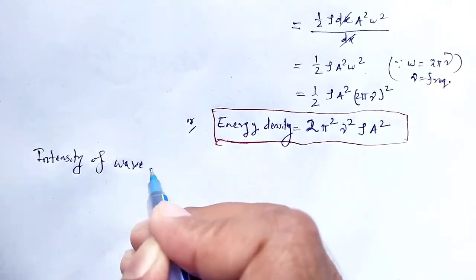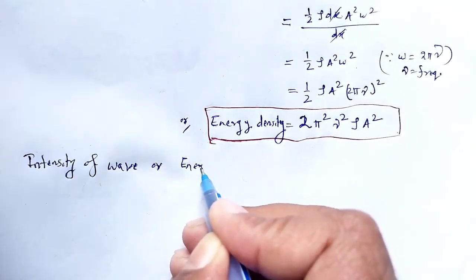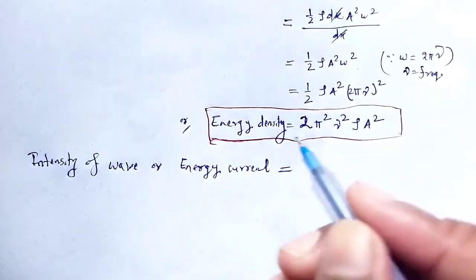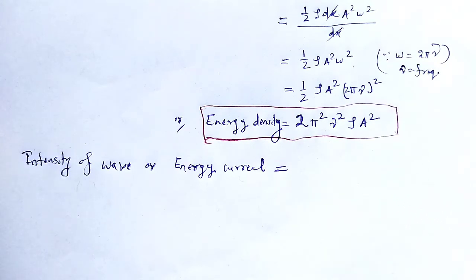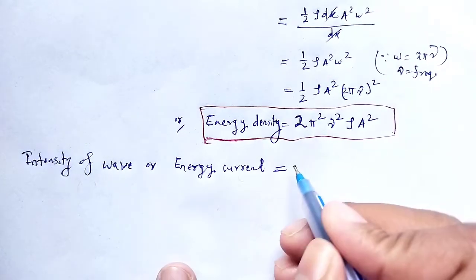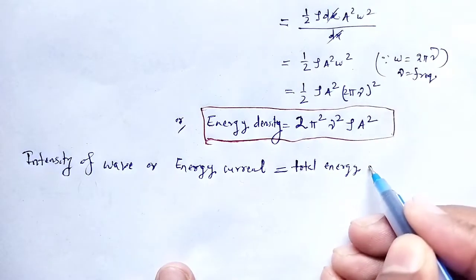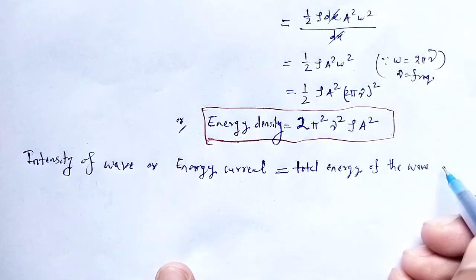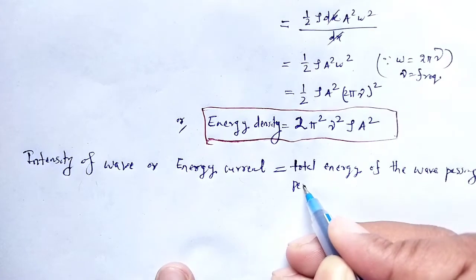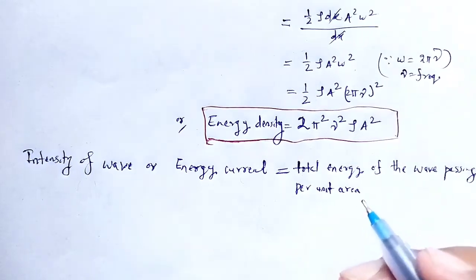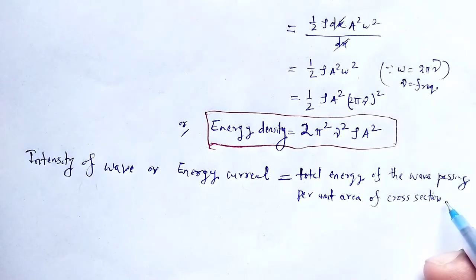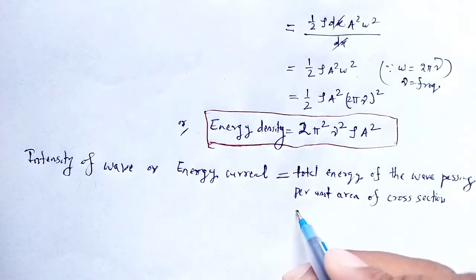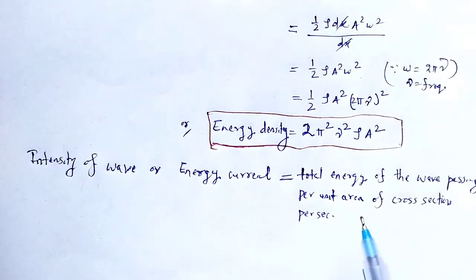Intensity of wave, or we can say the energy current, is nothing but the total energy of the wave passing per unit area of cross section per second, where that cross section is perpendicular to the direction of propagation of the wave.